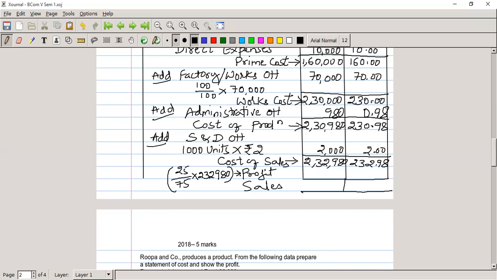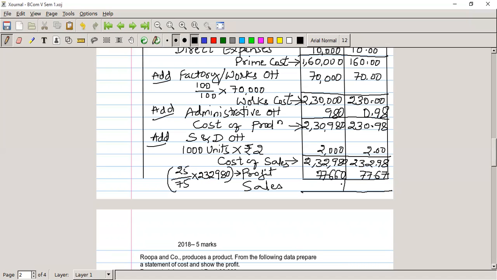So it comes to around 77,660. When we divide it by 1,000, it comes to 77.67.